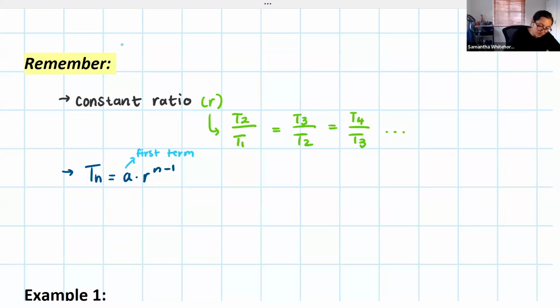This is important to remember because even though we are doing series, even though we're adding together the terms, it doesn't mean that this formula is no longer useful to us. It definitely is, depending on the type of question we get. So we always need to have it in the back of our mind because it could potentially be useful as we go along, and you're going to see that a bit later. So that's what we know. We should know all of this.